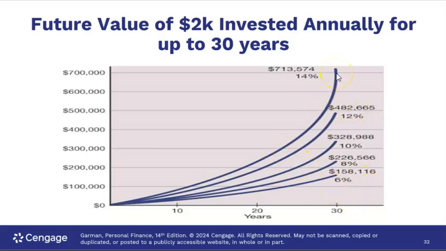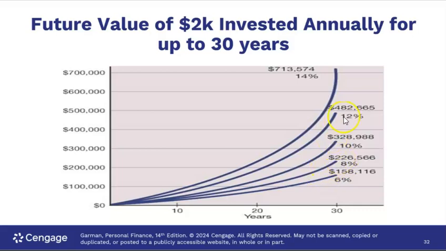Again, just like with the lump sum, due to compounding, that slope becomes steeper and steeper over time. The slope increases over time, even with the lower rate, due to compounding.